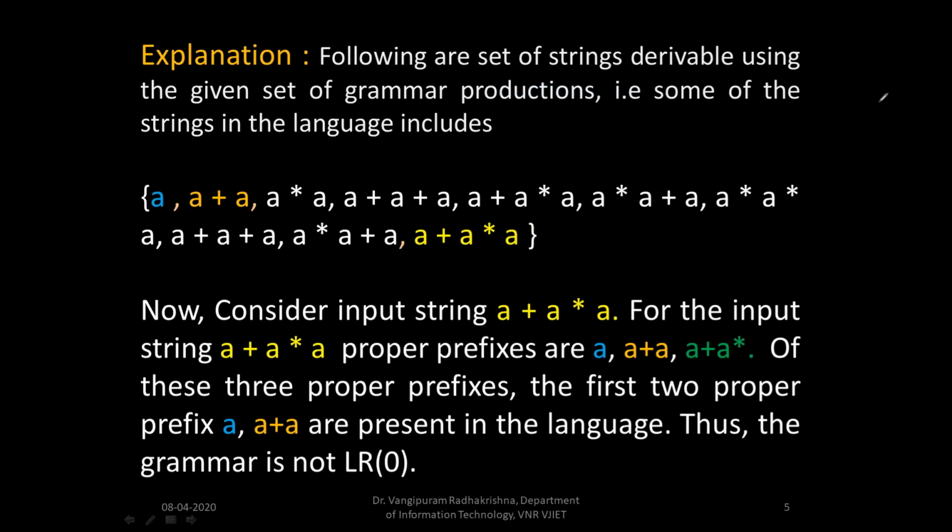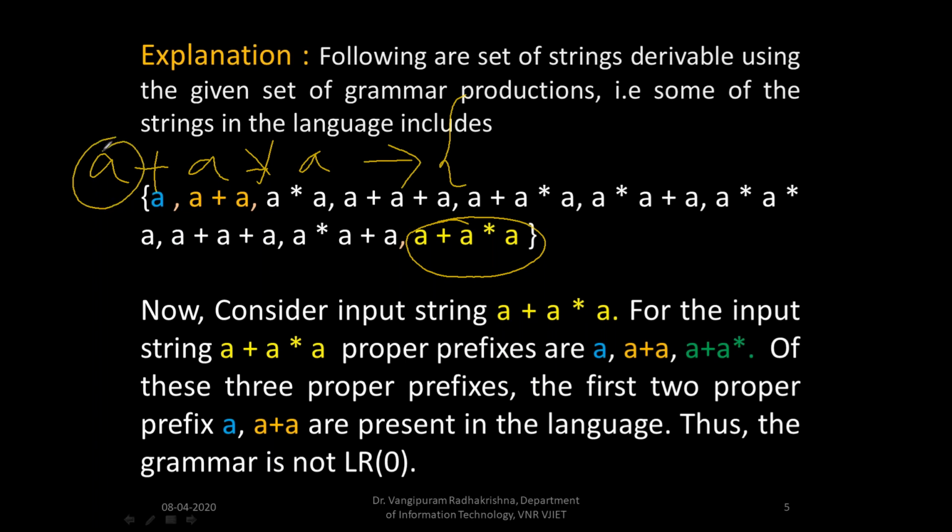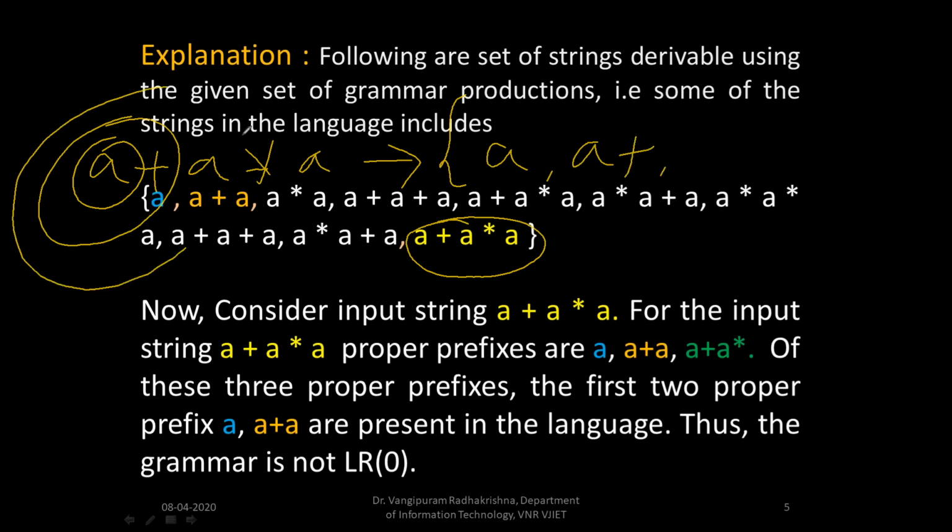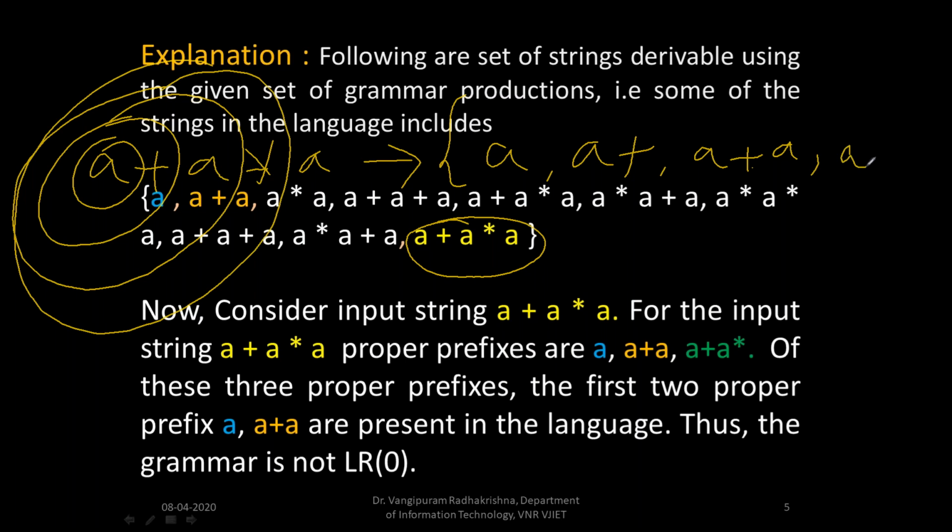Now, if you randomly pick some string, say A plus A star A, then the proper prefixes of this string would be as follows. You can take A itself as one string. You can have A followed by plus. You can have A followed by plus followed by A. Then you can have A followed by plus followed by A followed by star.